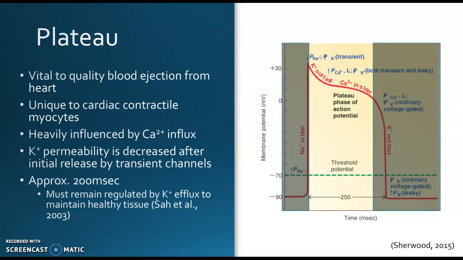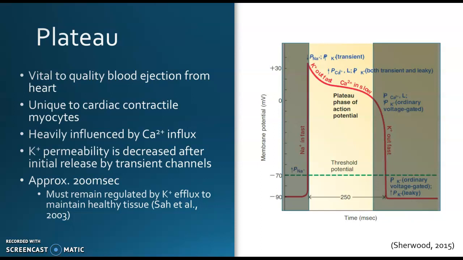Studies have looked at diseased myocardium and issues that arise from that. Obviously, heart disease is a big problem in our country, but one of the things that has been looked at is what is causing it, when we see diseased myocardium.